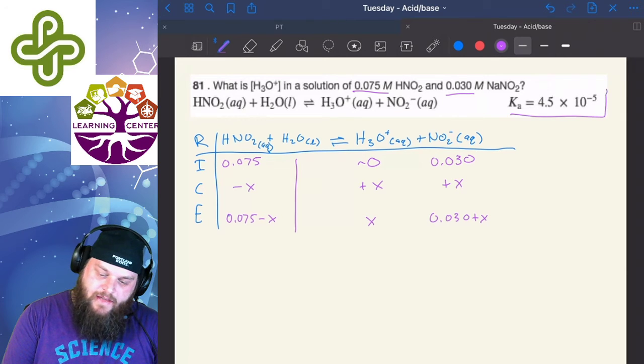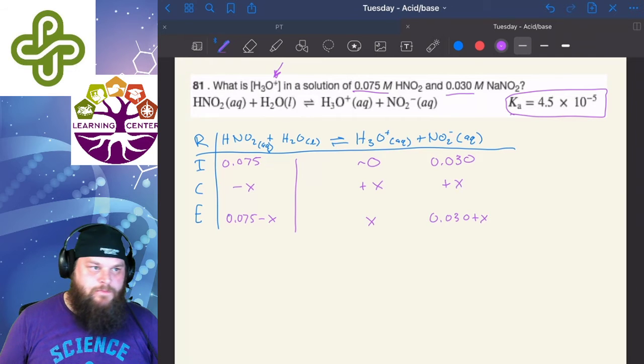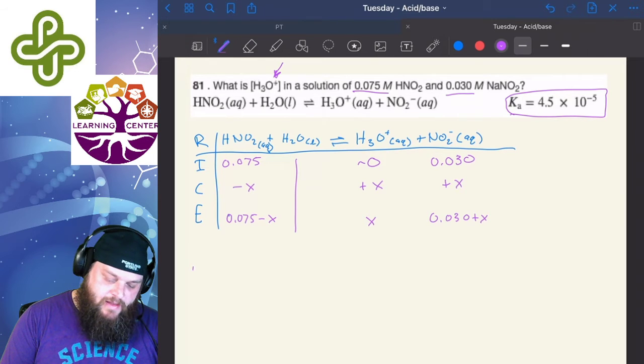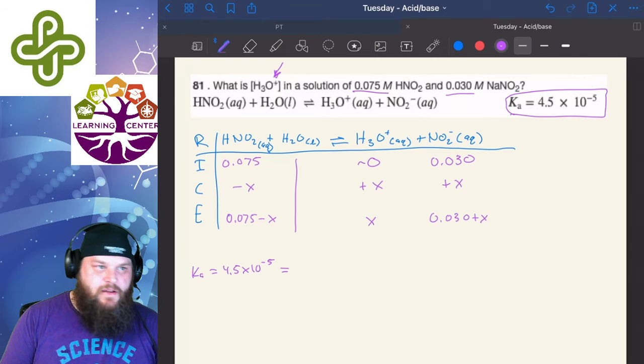And they tell us our Ka value already. We need to find that concentration of hydronium at that point. What is x essentially? So we can say that Ka is equal to that 4.5 times 10 to the negative 5, which is equal to, and I'm just going to plug in these values now.